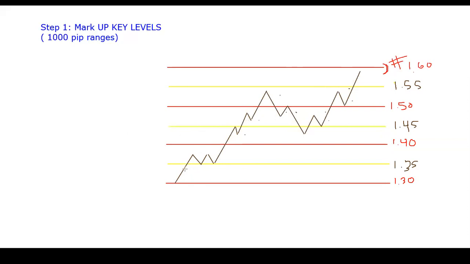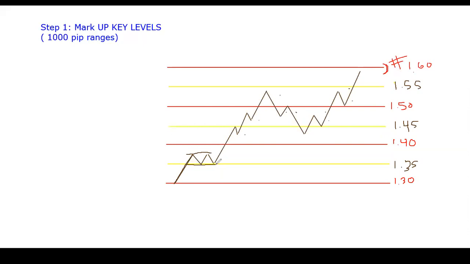So on this uptrend, we would fib from low to high and then let the market retrace. We want to see a fib level met with this key level. All right.